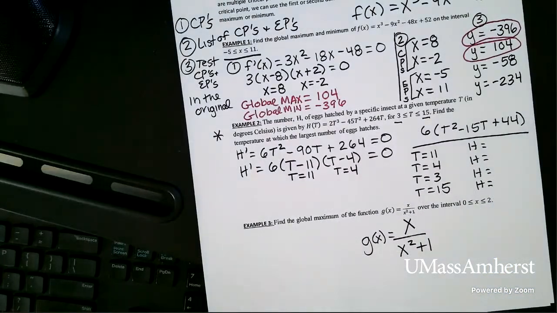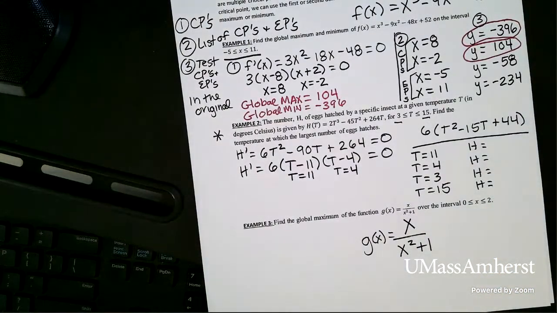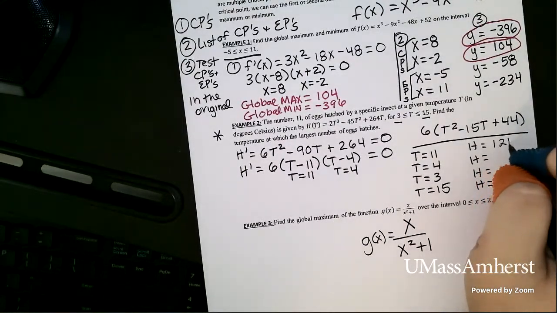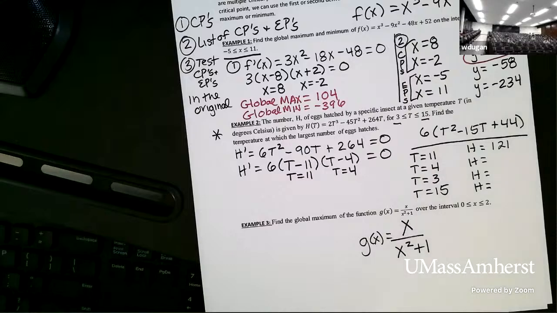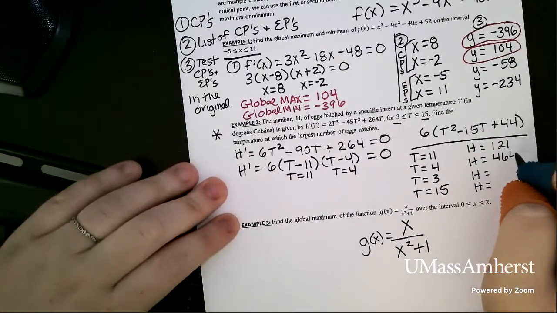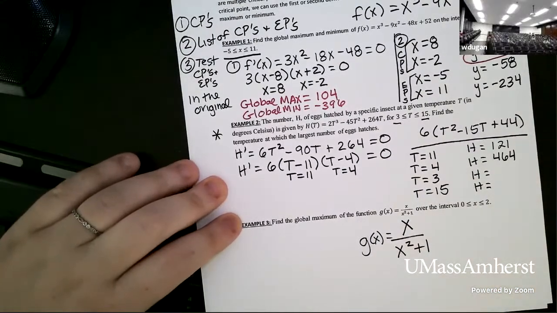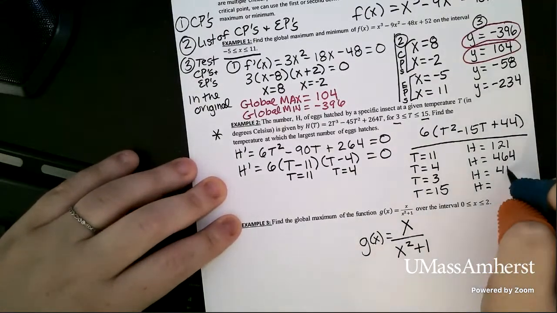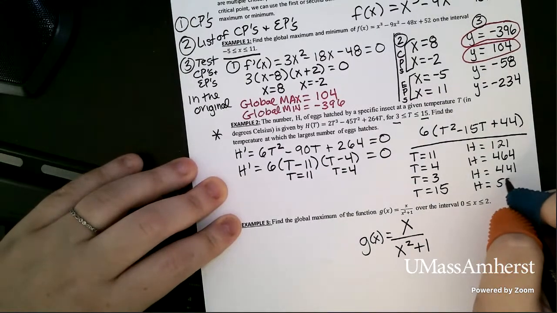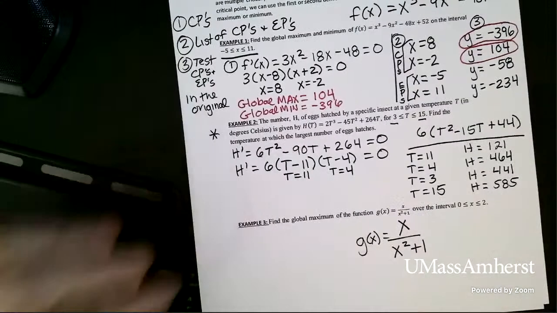I just did this on my calculator. When you plug in 11, I got h equals 121. When I plug in 4, I get 464. When I plugged in 3, I got 441. And when I plugged in 15, I get 585.